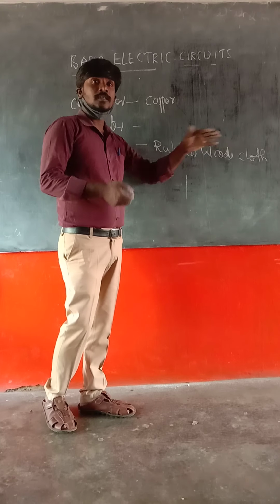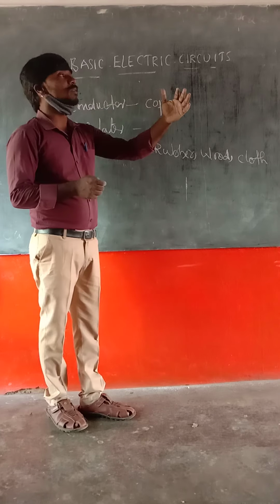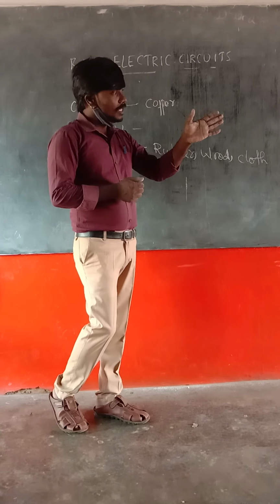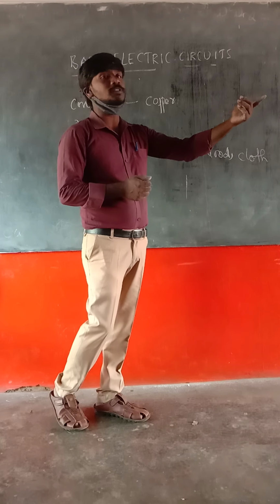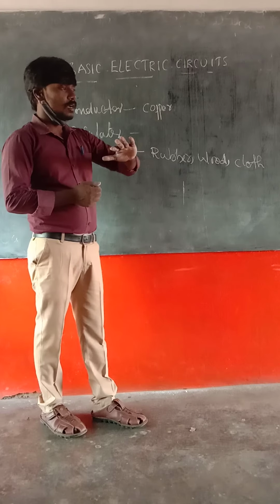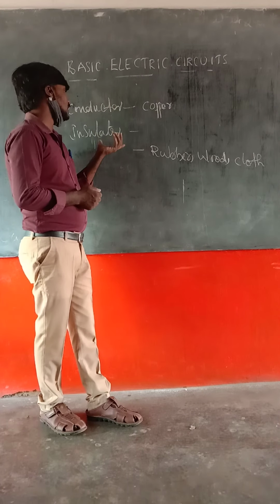Suppose when the door is open, you can freely move outside. When the door is closed, how can you go outside? That is an insulator, meaning it cannot flow. That is the difference between conductors and insulators.